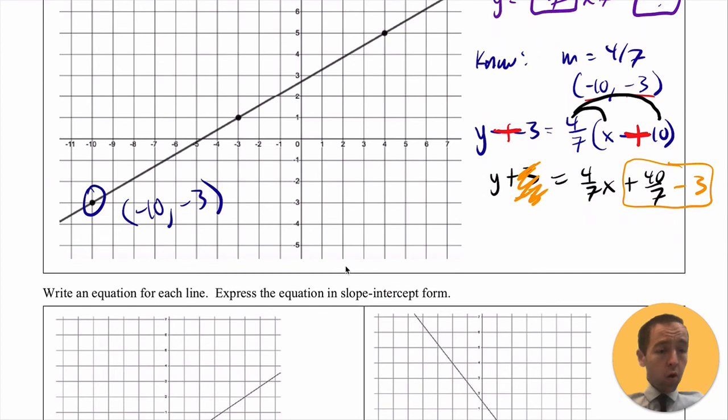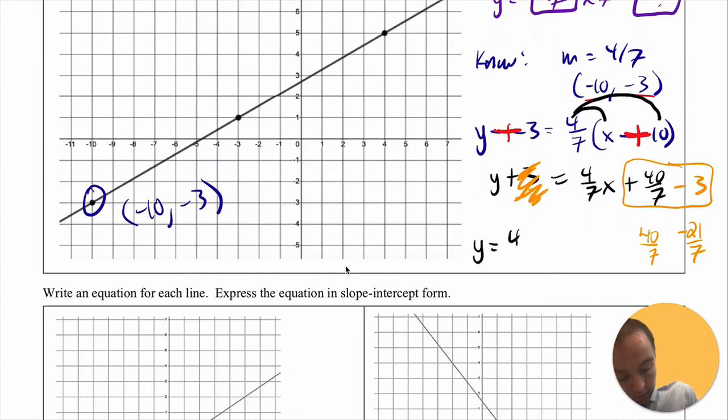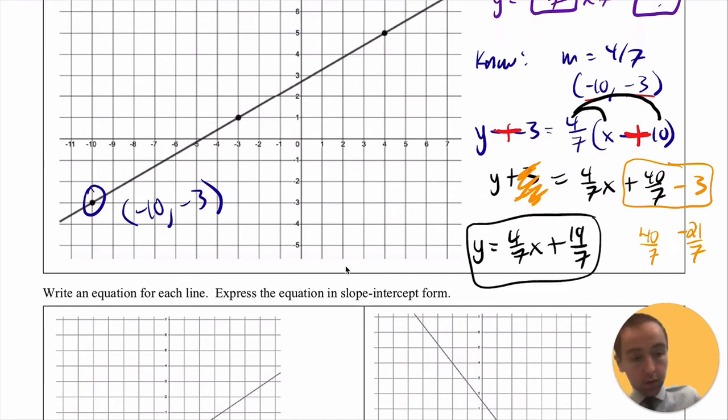But to combine them, you're going to need a common denominator. So you have to turn that 3 into 21/7. Then you can take 40/7 and subtract 21/7, and that's going to give you a positive 19/7. So therefore, y would be equal to 4/7 x plus 19/7. And that would give you that y-intercept right there.